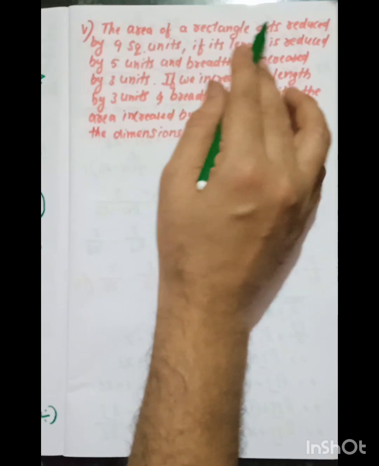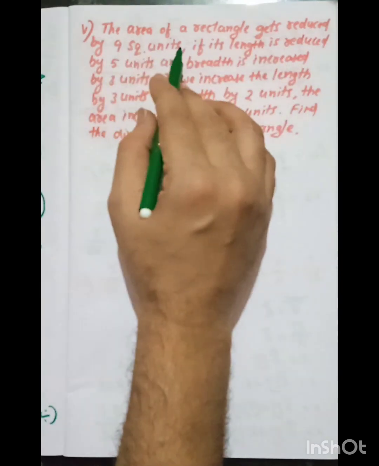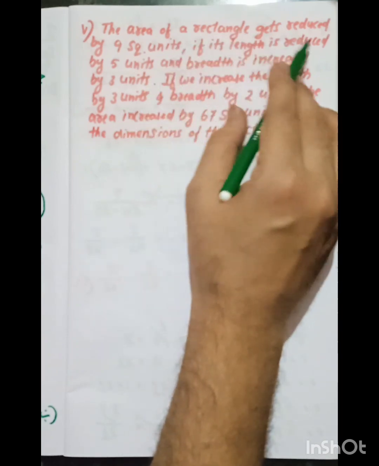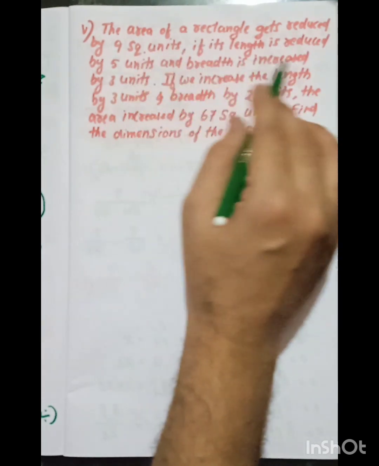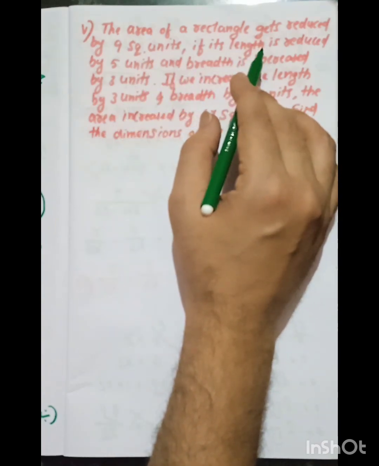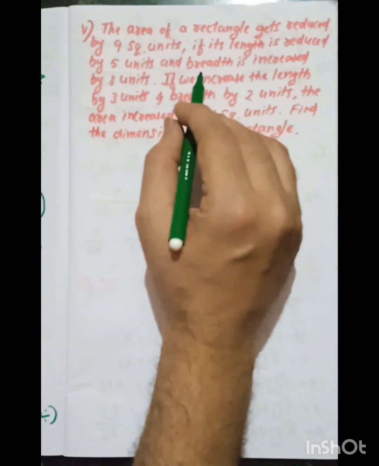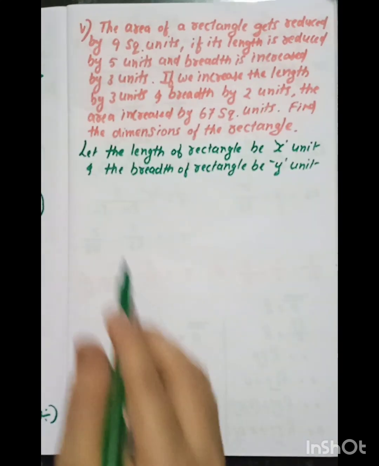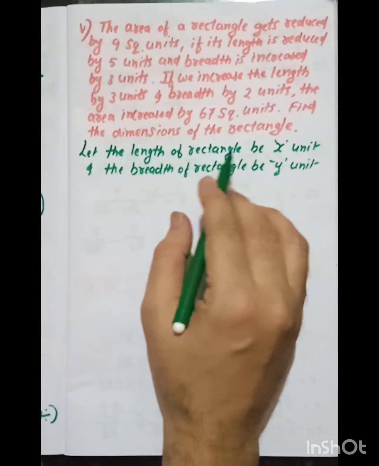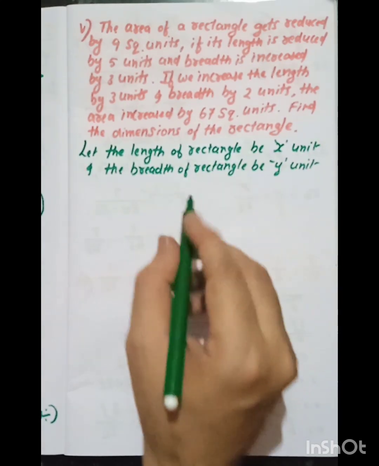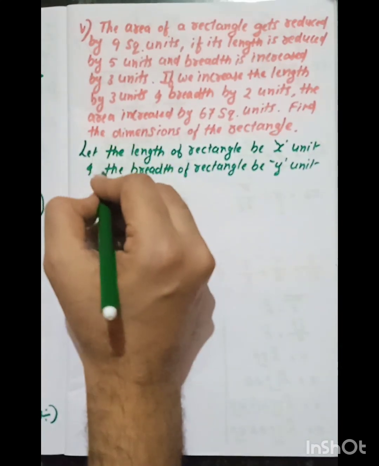The area of the rectangle gets reduced by 9 square units when the length is reduced by 5 units and the breadth is increased by 3 units. Let the length of the rectangle be x units and the breadth of the rectangle be y units. We know the formula for the area of a rectangle.